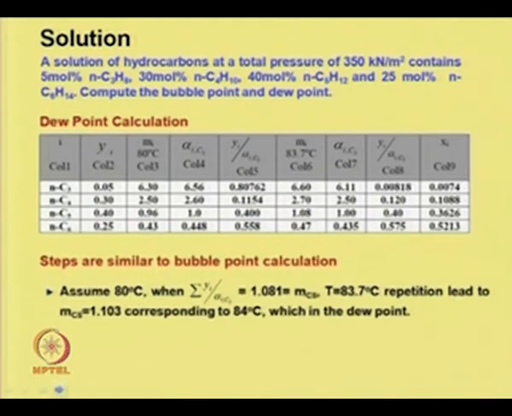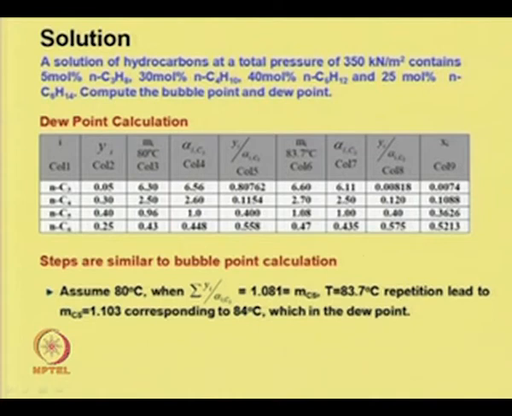Similarly, for dew point calculations, the same steps as for the bubble point calculations are followed. In this case, assume a temperature, say 80 degrees centigrade, and the summation over yi by alpha i C5 would be equal to 1.081, which is MC5, and then we can get the corresponding temperature T equal to 83.7 degrees centigrade.